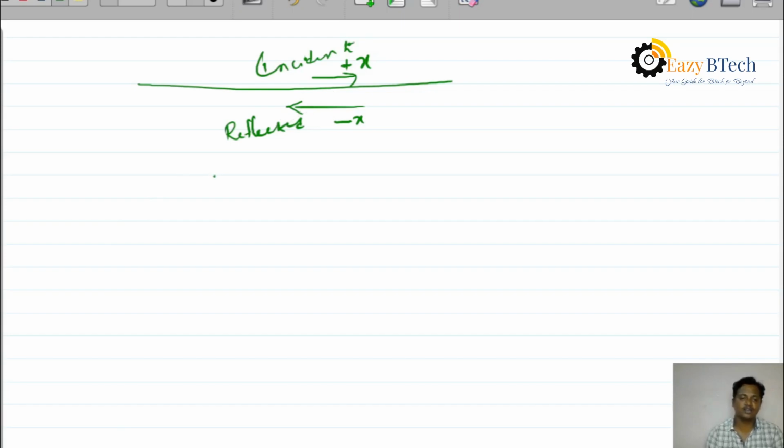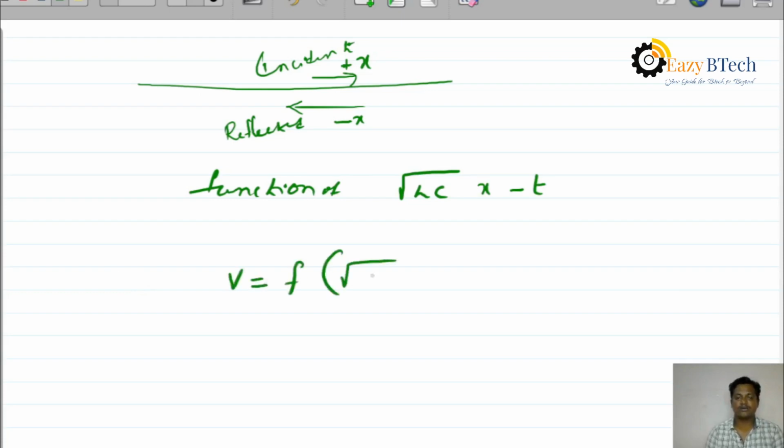Therefore, it is a function of root LC, this is the velocity, x minus t. Therefore, the incident voltage V equals f of root LC x minus t for the forward direction.